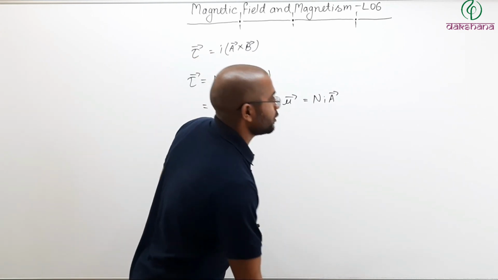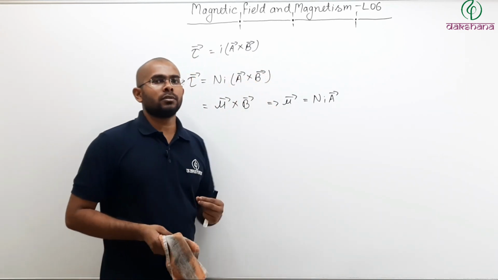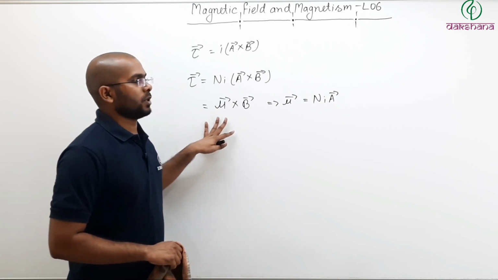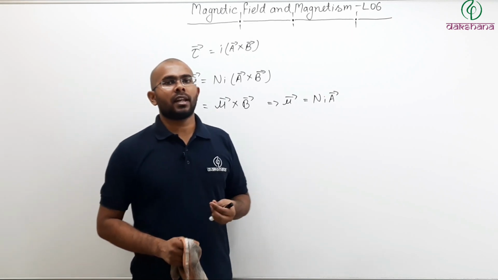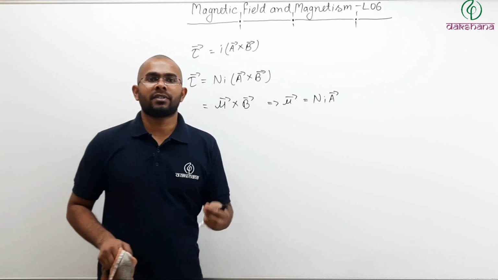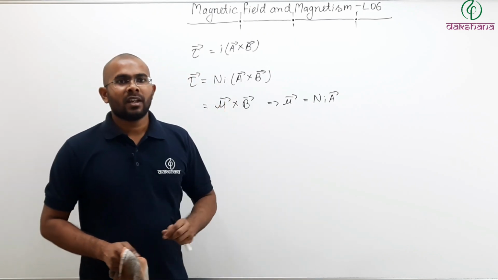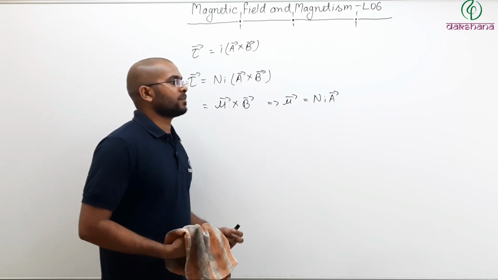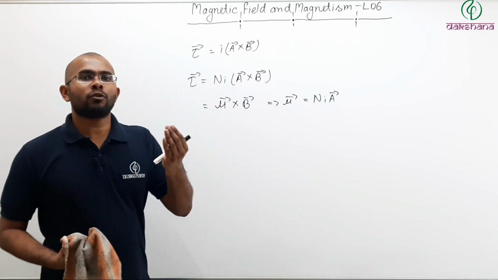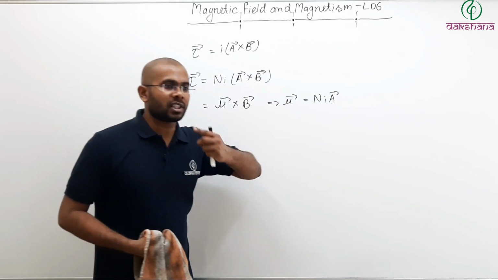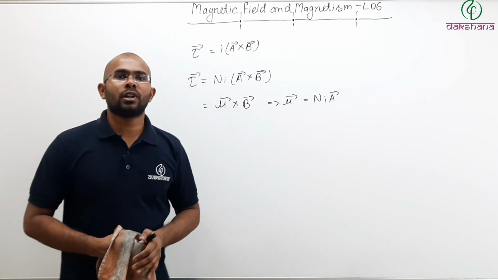Now in this video we are going to talk about how we can use this property. When you place a current carrying loop inside an external magnetic field, it experiences a torque given by mu cross B. Then how can we use this property to measure how much current is passing through your loop?